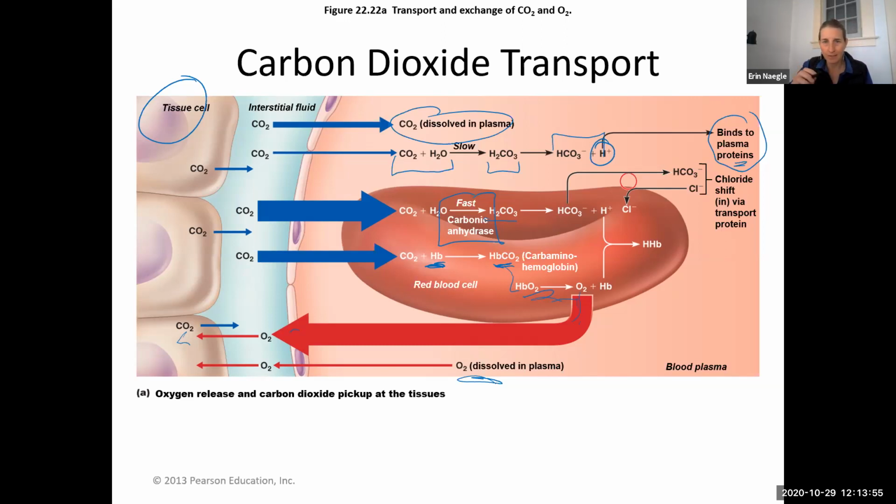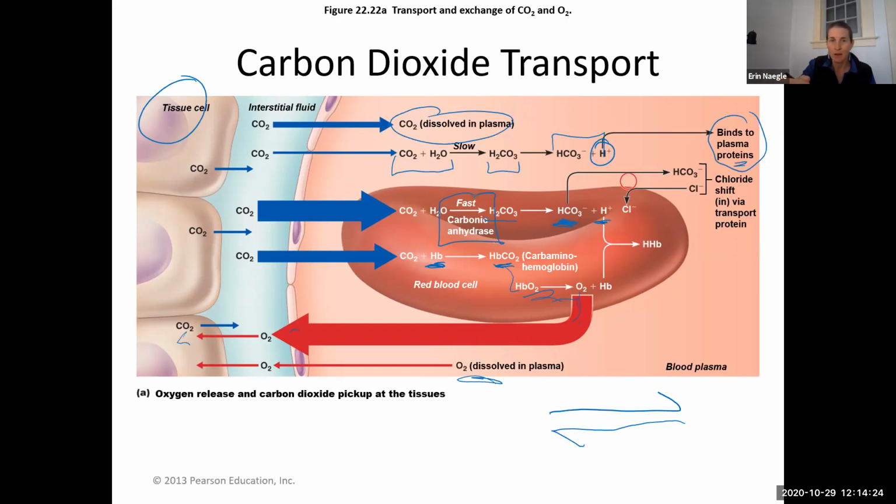And then that carbonic acid is going to dissociate into bicarbonate and our hydrogen ion. Remember our equilibrium lab through your brain palace? That means our reaction can go in either direction.